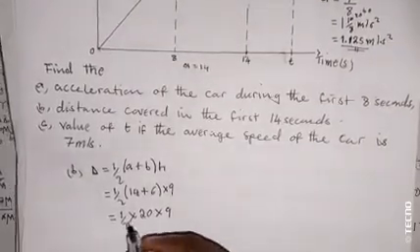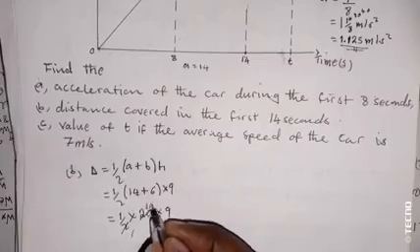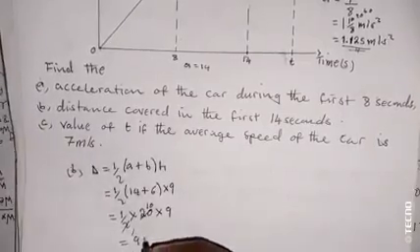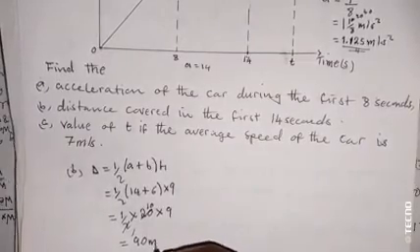Half of 20 is 10, so 10 times 9, the answer is 90 meters.